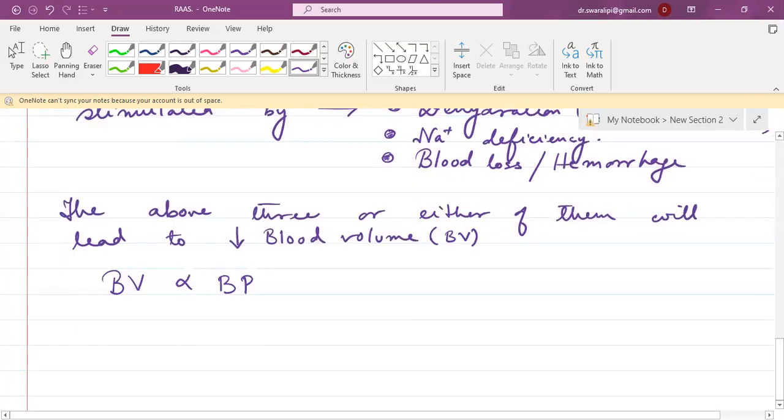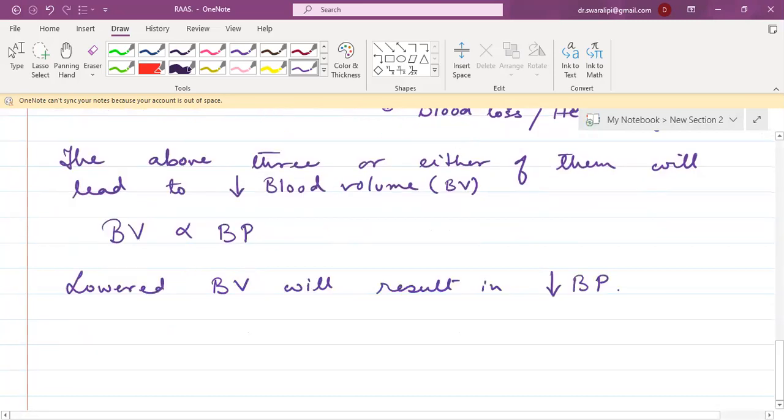Hence lowered blood volume will result in lowering of the blood pressure. Do you agree? Now, this will stimulate the juxtaglomerular cells.